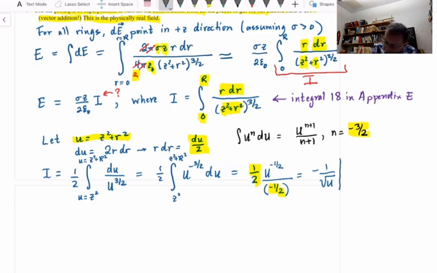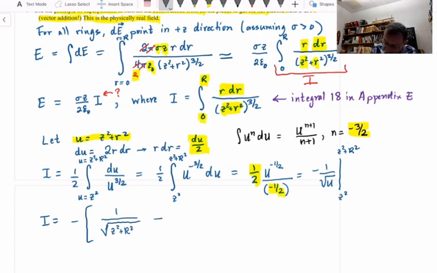Minus 1 over the square root of u. And then I put in my limits. Lower limit is z squared. Upper limit is z squared plus big R squared. So let's put those limits in and see what we get. Minus bracket. Okay, for the upper limit, I substitute z squared plus big R squared for u, and that u is inside a square root downstairs, so we have that.